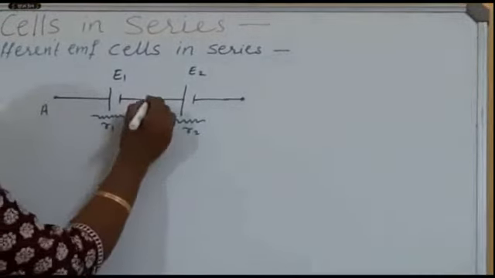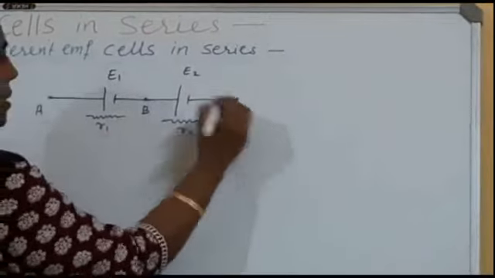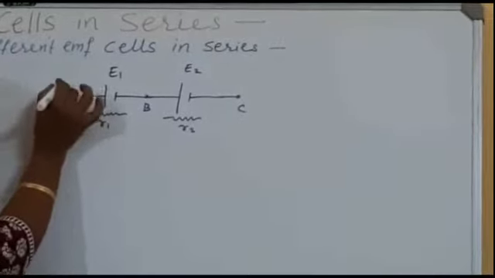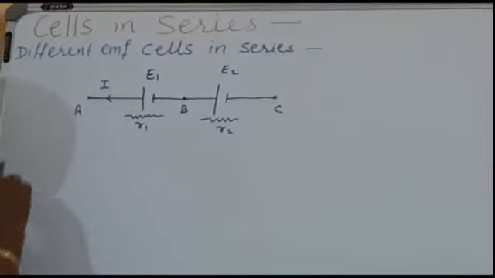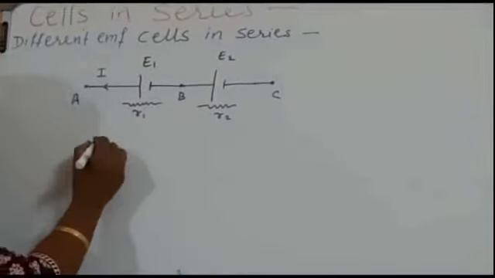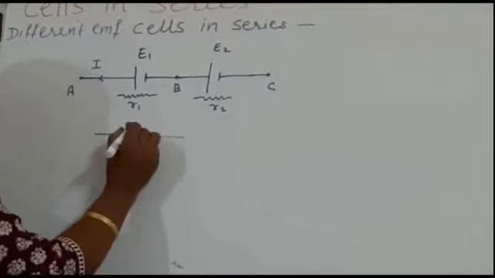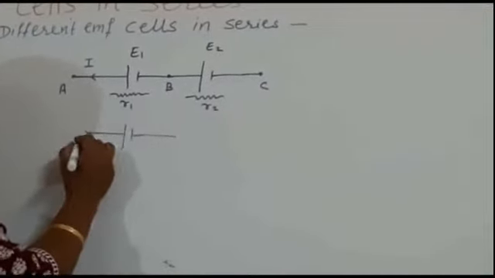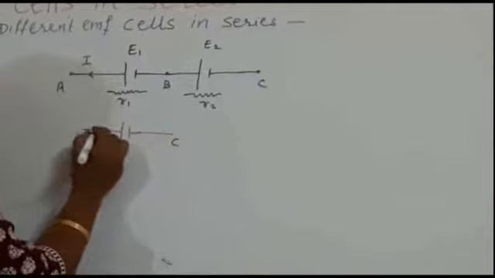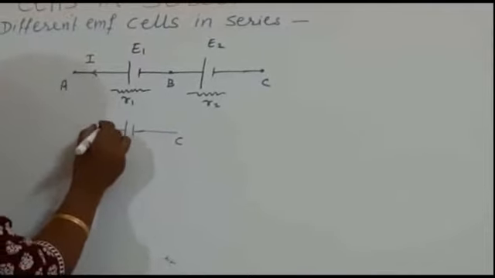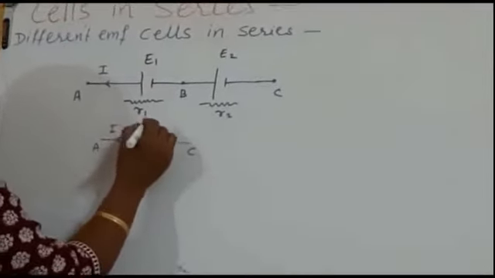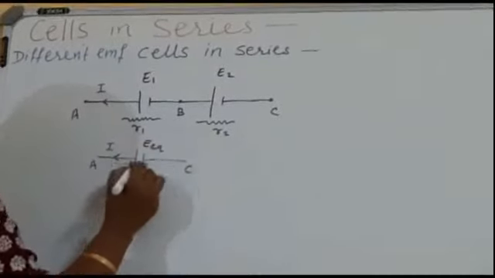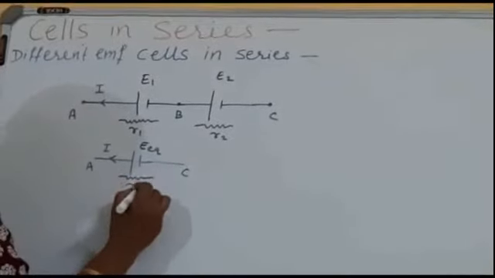A point, this one is your B point, and last is C point. The current through this one is I. So this circuit is equivalent to one single cell, A point and C point here, total current is I, and here E equivalent with internal resistance r equivalent.